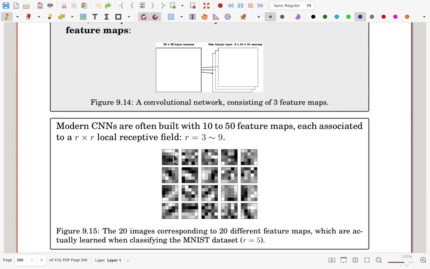And now this is a 5 by 5, but the local receptive field can be 3 by 3, 5 by 5, 7 by 7 or 9 by 9. But for this one, it is a 7 by 7, and that is the practical feature map, 20 of them.